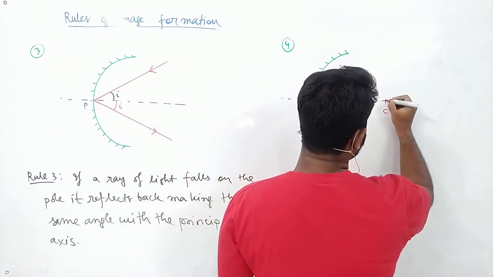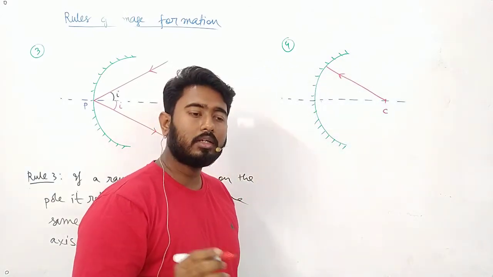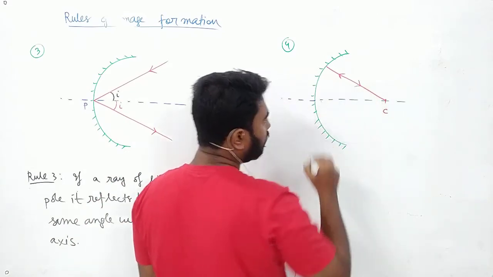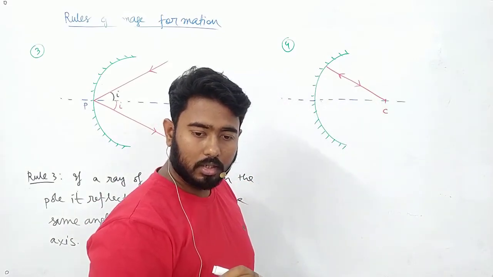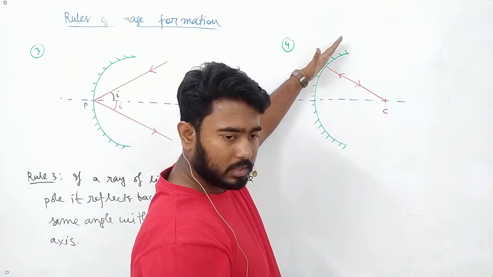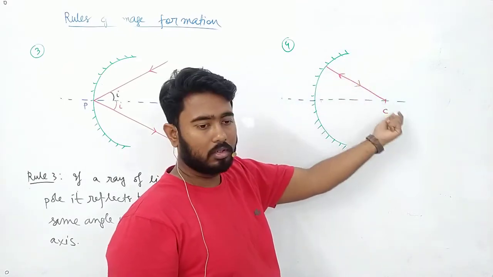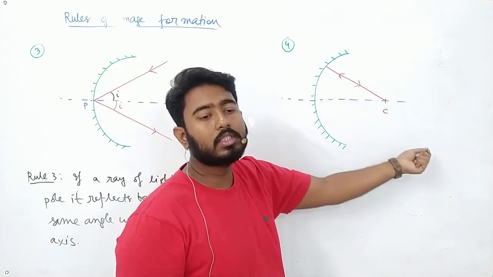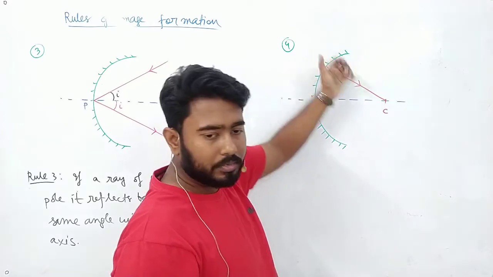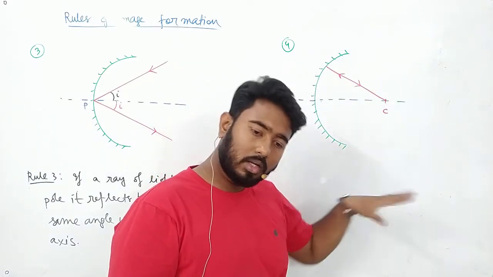So if this ray of light passes through the center of curvature and falls on the surface, it will get reflected back along the same direction. Is that clear? Yes, because we know this already: this will make the tangent, this one will be the normal. Any ray coming along the normal will be reflected back along the same line, because the angle of incidence will be 0 degrees, because it will be perpendicular to the surface. Is the concept clear?